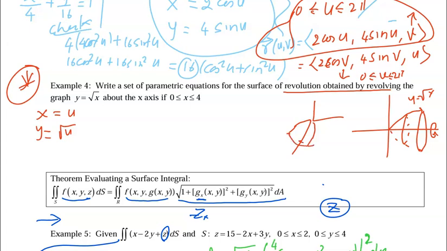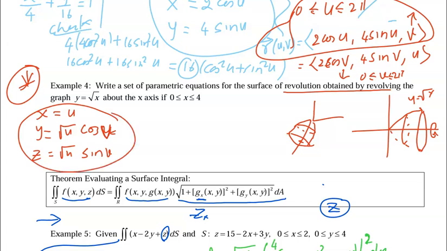So this is going to be u cosine v, no, this is u, so the other has to be v, and then z equals square root of u sine v, and that will give me the rotation.